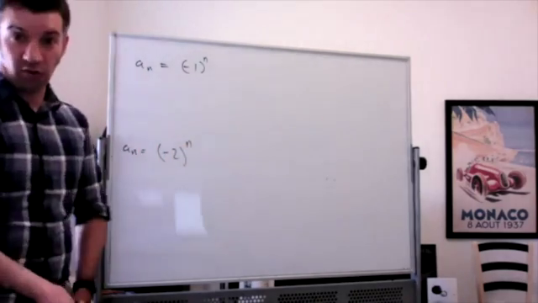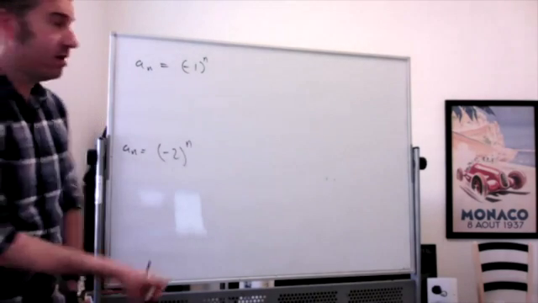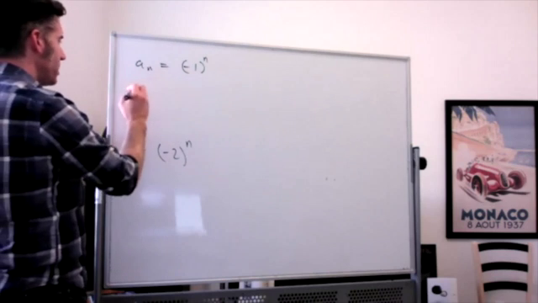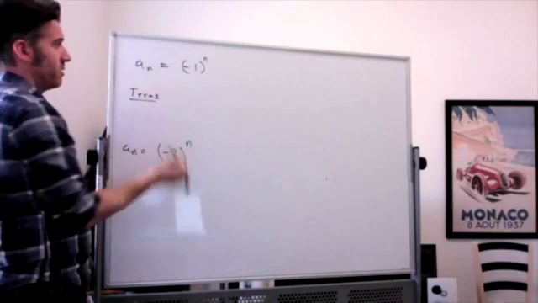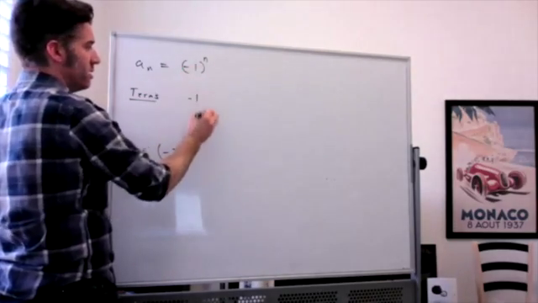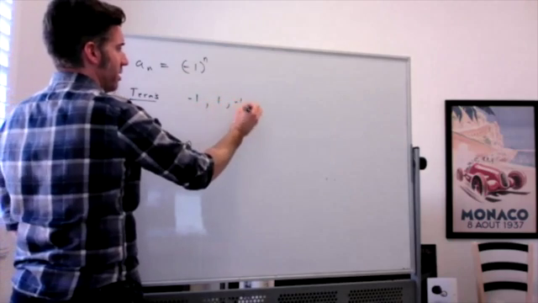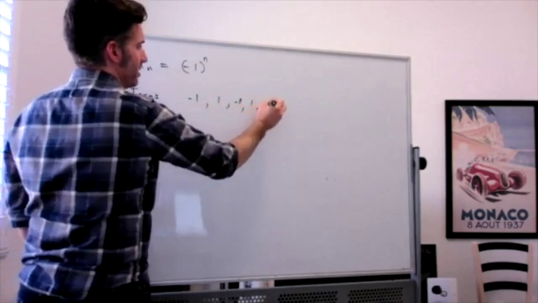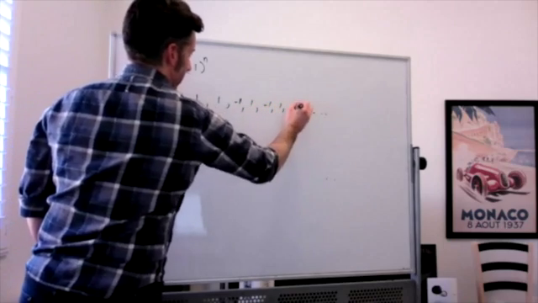Both of these diverge, and both of these diverge in a way where you can't say anything else. So for this one, we start at n equals 1. We get (-1) to the first, which is -1, and then (-1) to the second, which is +1, and then (-1) cubed, and then (-1) to the fourth. We just keep going back and forth between 1 and -1.